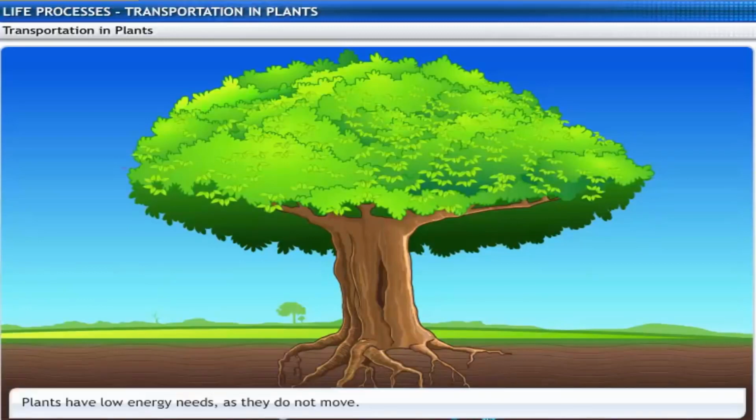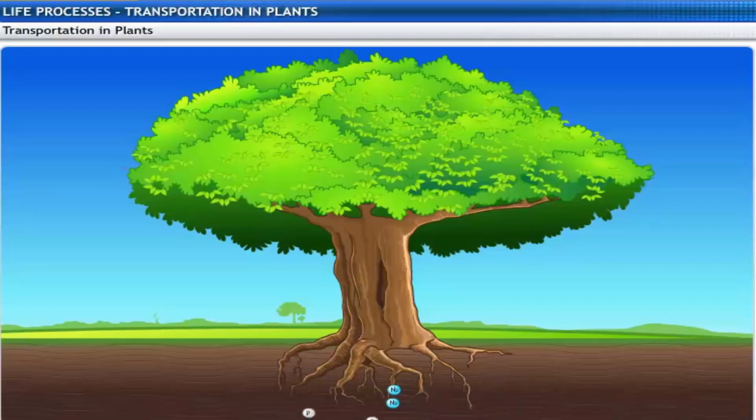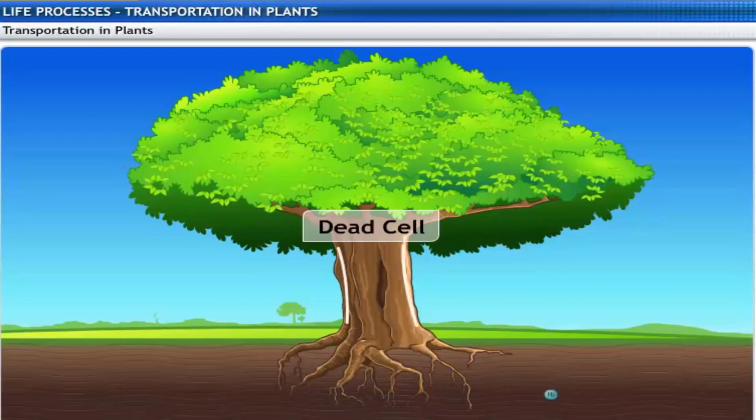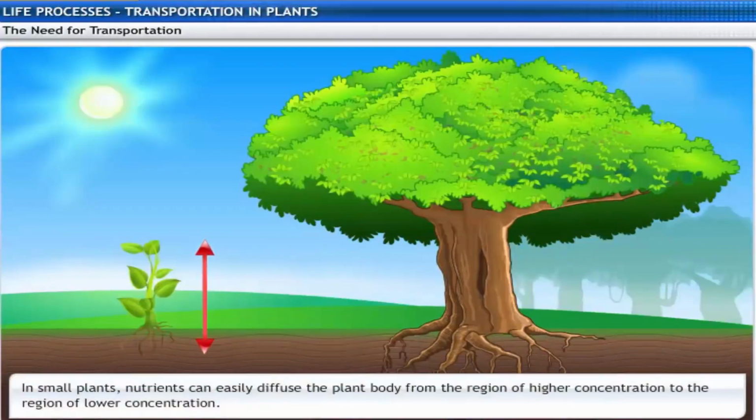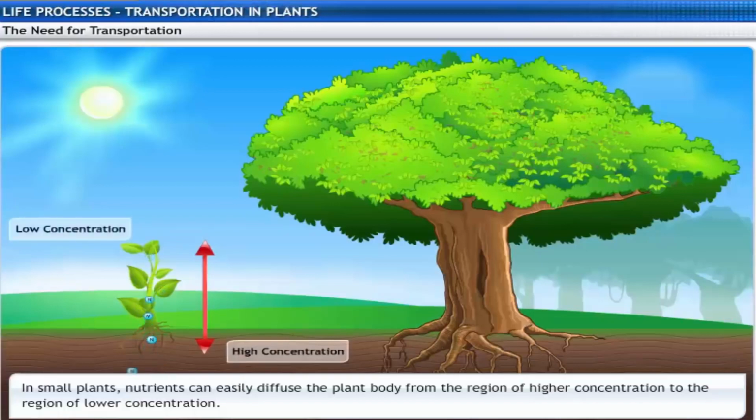Plants have low energy needs as they do not move. Therefore, plant bodies have a large proportion of dead cells. As a result, plants can survive with slow transport systems. If the distance between the roots and the leaves are small, nutrients can easily diffuse in the plant body from the region of higher concentration to the region of lower concentration.